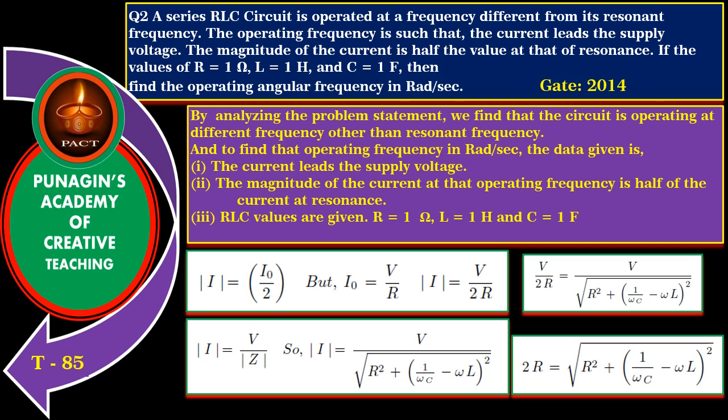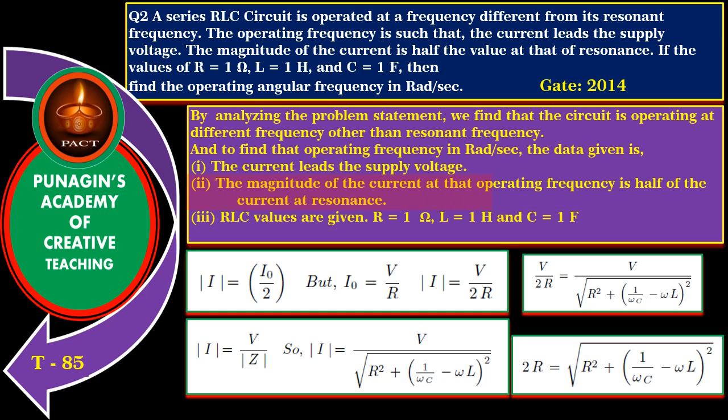The data given is the current leads the supply voltage. The magnitude of the current at that operating frequency is half of the current at resonance, and RLC values are given as R is equal to 1 ohm, L is equal to 1 Henry and C is equal to 1 farad.